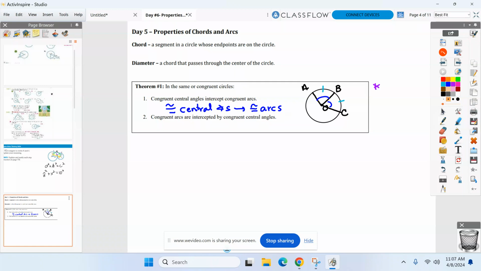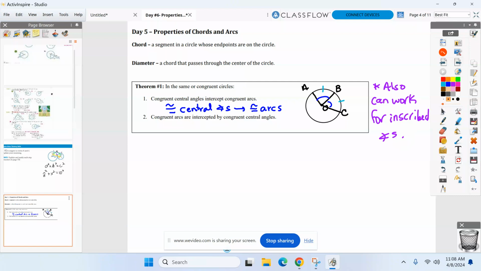So just replace central with inscribed. They also can work for inscribed angles, but we're just not going to write a separate theorem for them. All right, everybody good? So that's theorem 1, fact number 1 today of many.